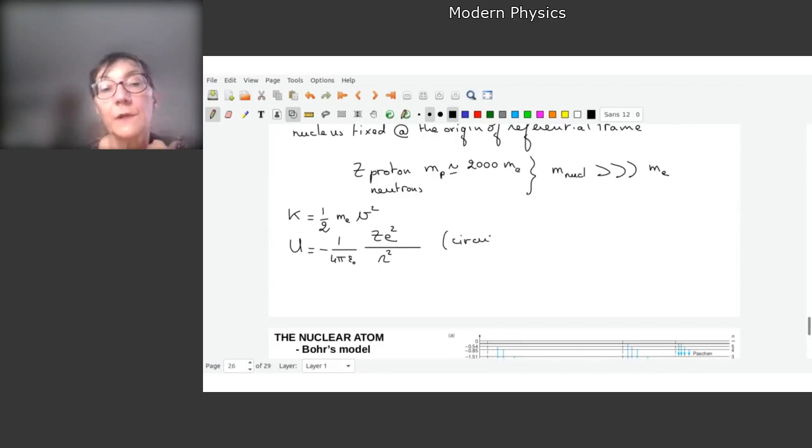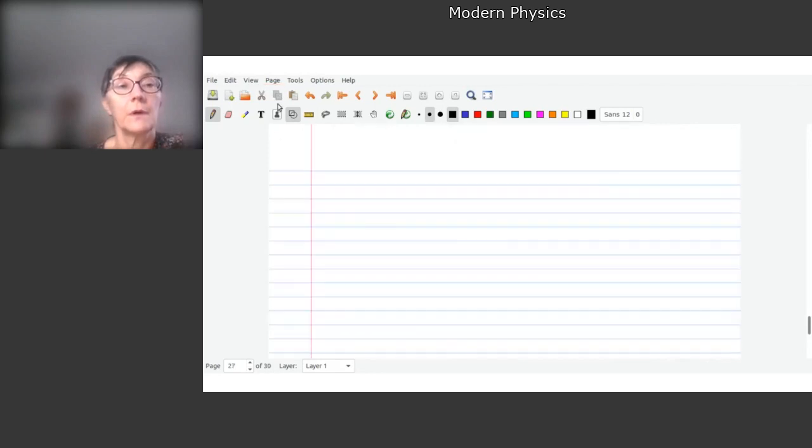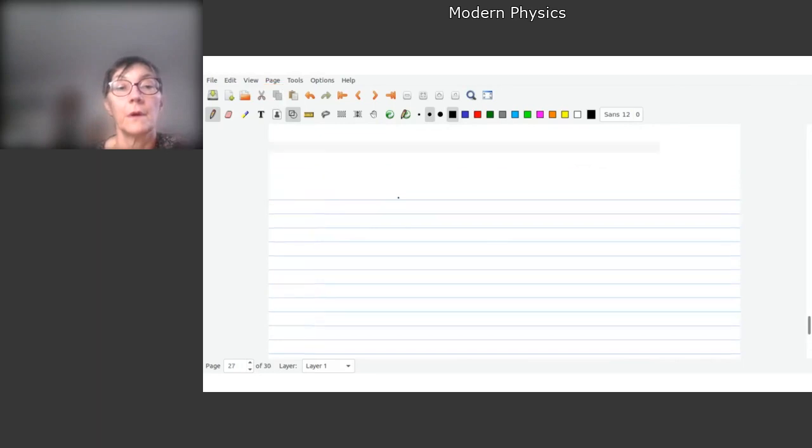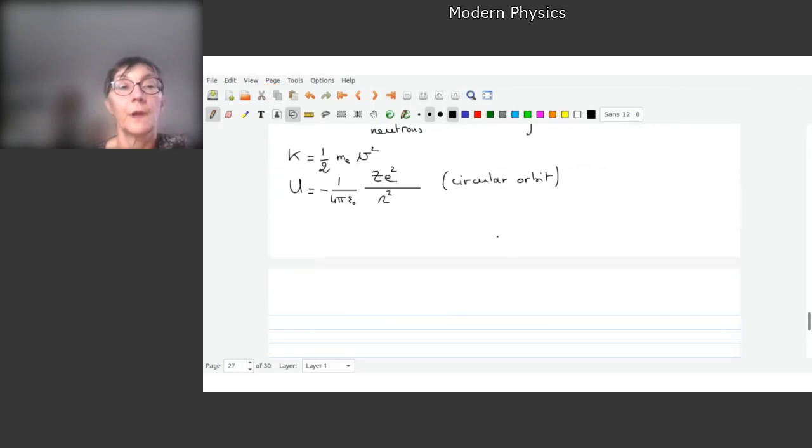If this is an elliptical orbit, R is not constant. And so we have the total energy, E, which is the sum of the kinetic and the potential energy, this expression plus this expression.